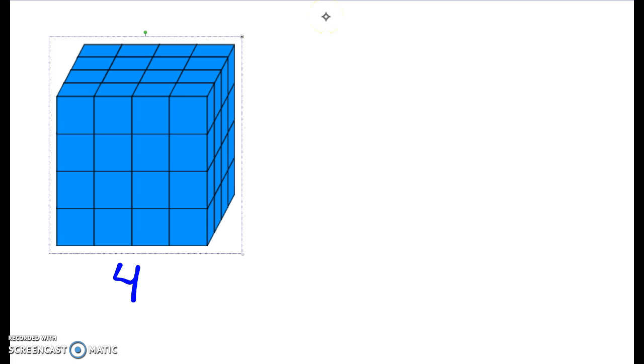So in geometry, we'd be finding the volume, and it would be by doing 4 cubed, 4 times 4 times 4. In this case, it would tell us how many blocks are in this cube. But it's really the same thing as just doing 4 to the 3rd power, because that's 4 times 4 times 4. Now, you might need a calculator for that. That's fine. 4 times 4 is 16, times 4 gets you 64.